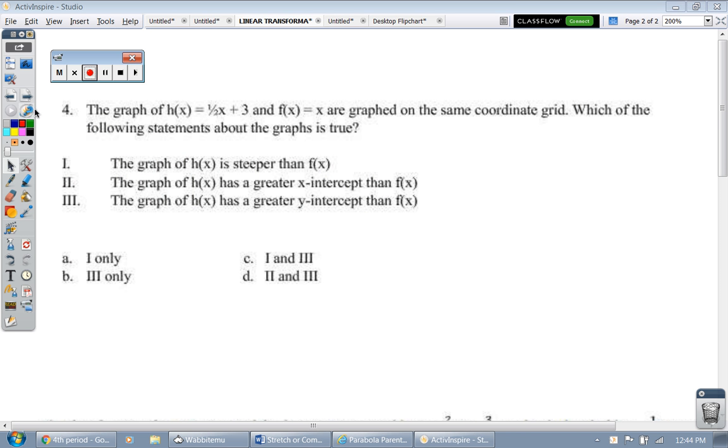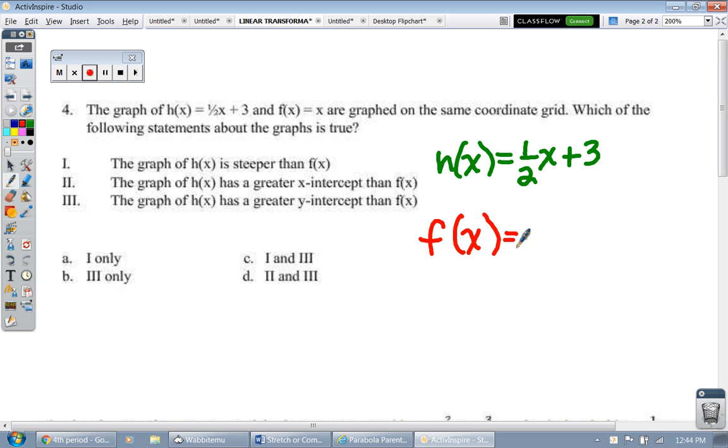For the graph of H of x is 1/2 x plus 3, so we'll write the H graph down. That's 1/2 x plus 3, and then we have the F graph. The F graph is f of x equals x. They're graphed on the same coordinate grid. Which of the following statements is true? Well, let's first start with the parts of the line. This has a slope number of 1/2. This has a slope number of 1.